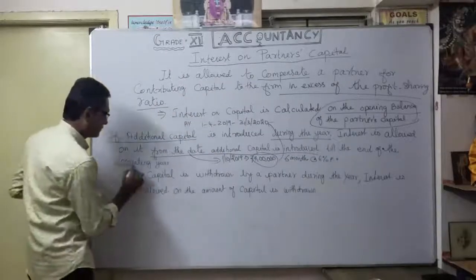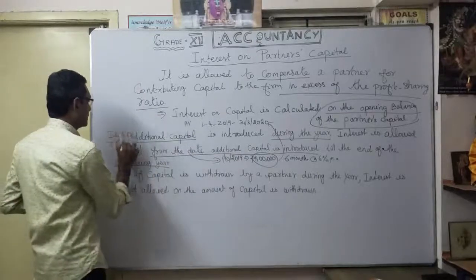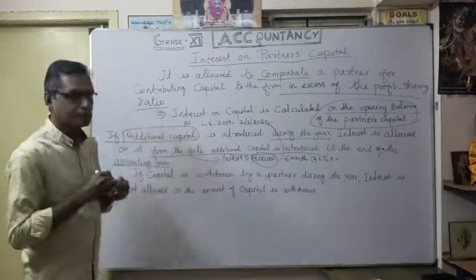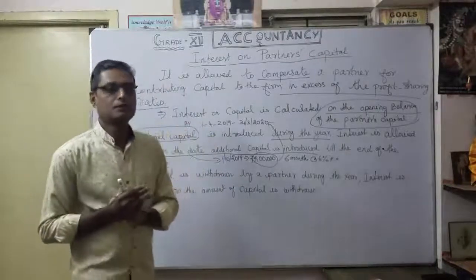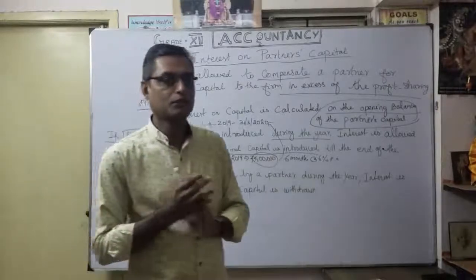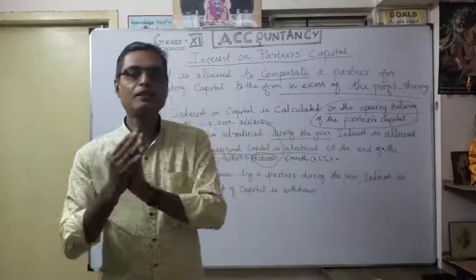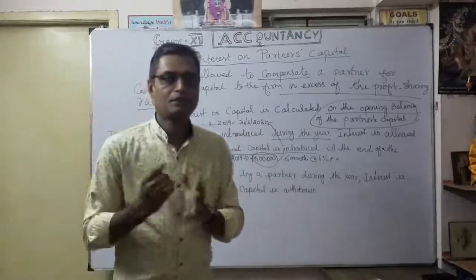So keep two things in mind: always the opening balance of the partner's capital, and during the year, for additional capital, the date is very, very important. The firm has to pay interest only for the period from introduction till the end of the accounting year. That is very natural.